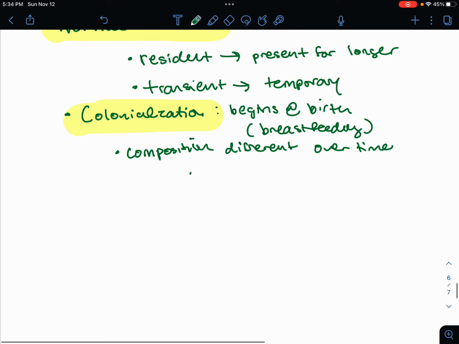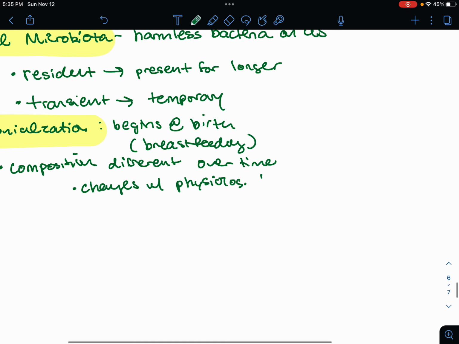There's going to be changes with the physiological state and the lifestyle of the host.